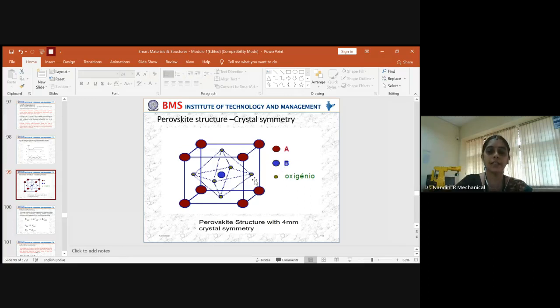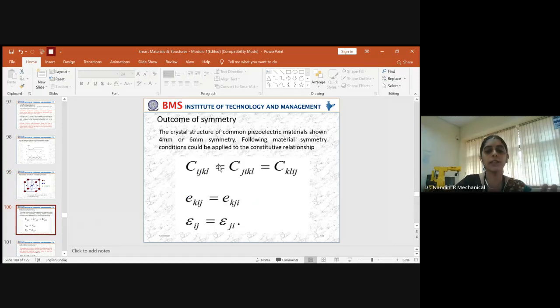So this crystal symmetry is shown for 4 mm crystal symmetry, where you will have 4 planes of symmetry with respect to each other. That also we studied. With respect to that, the value of the capacitance across all these 4 planes will be the same.